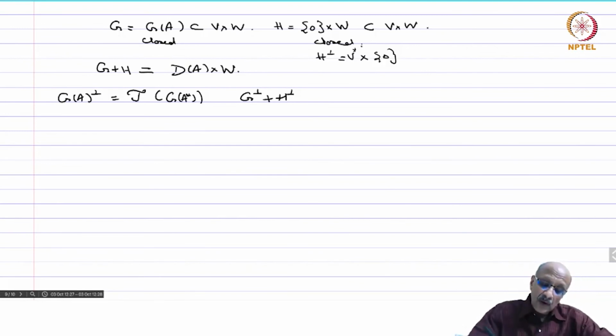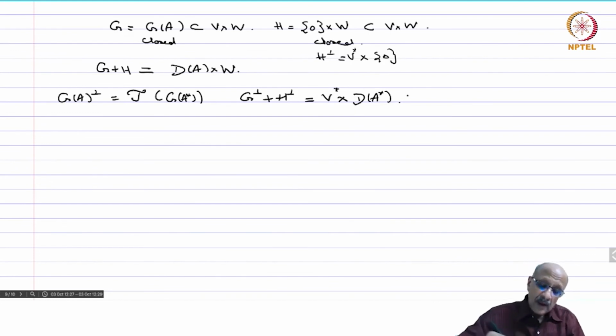So if you add these two, you have V star in the first component and 0 in the second, so this will be V star cross 0, and in G of A star, the first component was the domain of A star, I have flipped it, so this will be the domain of A star.